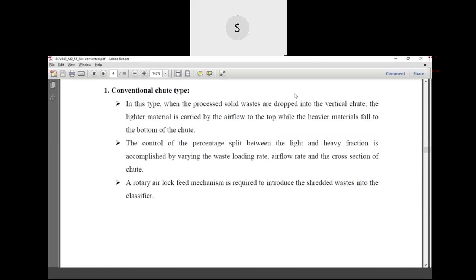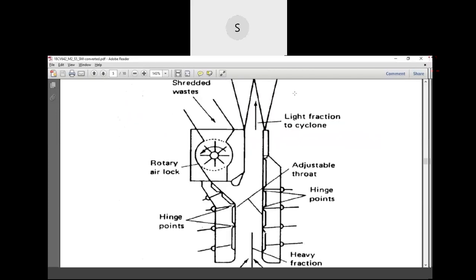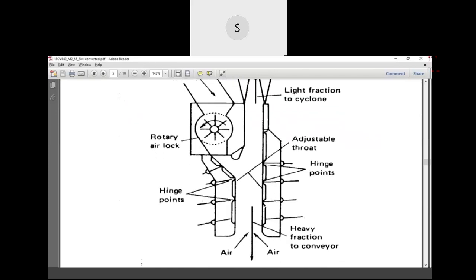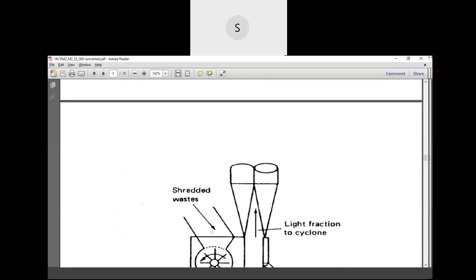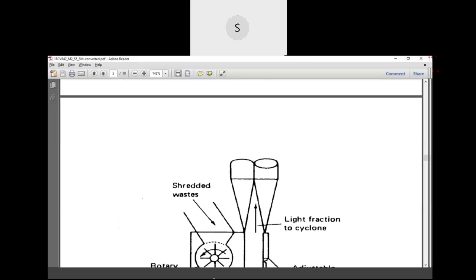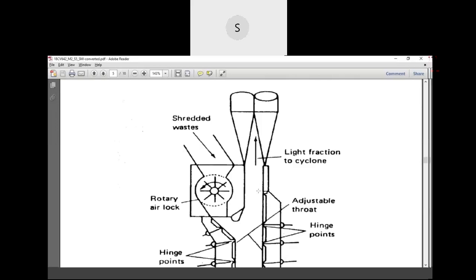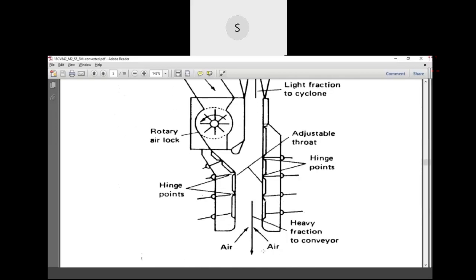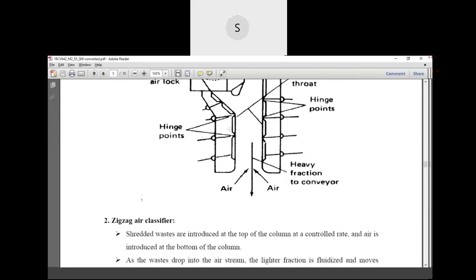So this is the schematic diagram of this chute air separator, wherein the shredded waste will be dropped from the vertical chute, the lighter fraction will come up, and the heavier fraction will go down and be taken out from the bottom. Air will be circulated through this system.